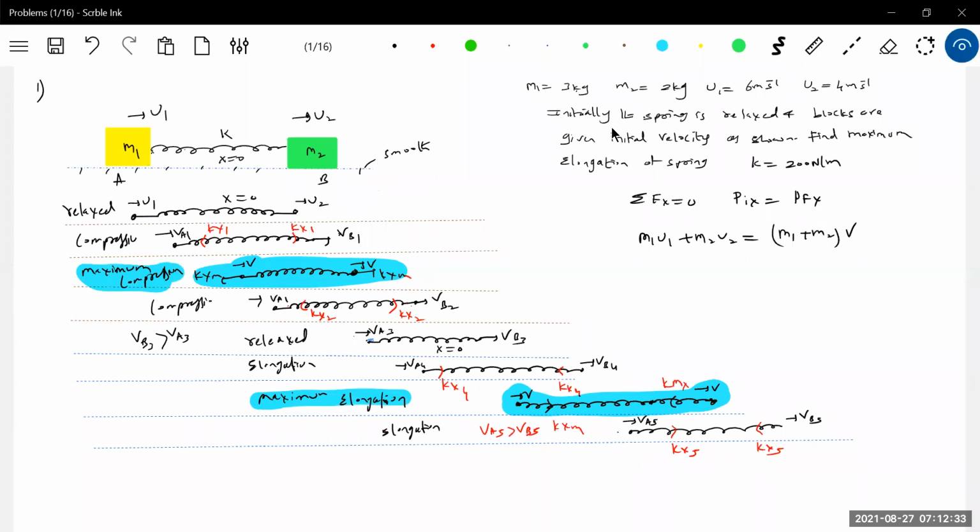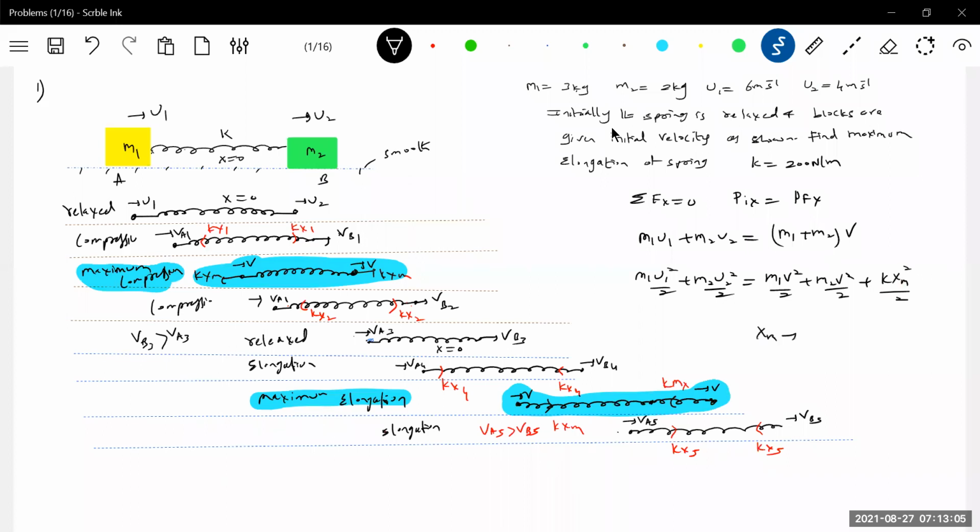Okay, this is the one thing. Next, how to calculate that xm? Can we apply conservation of mechanical energy? Because what is the spring force? Spring force is a conservative force. So applying conservation of mechanical energy, we get this about the maximum elongation.